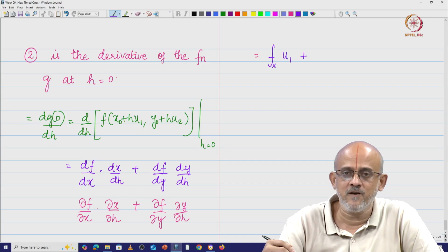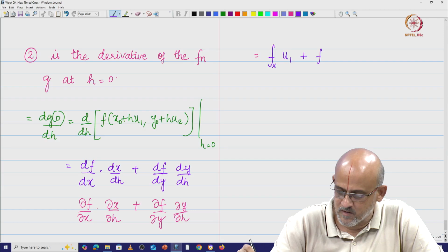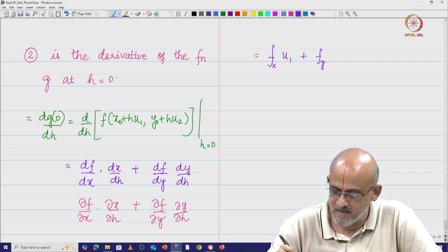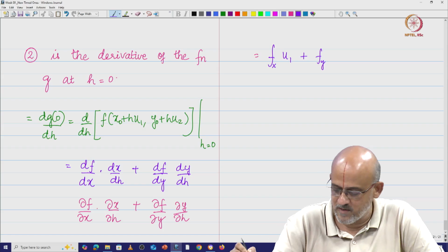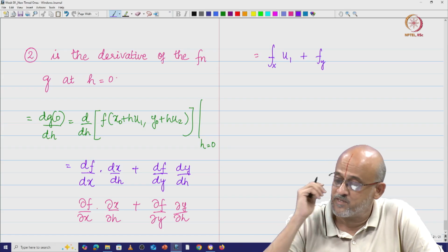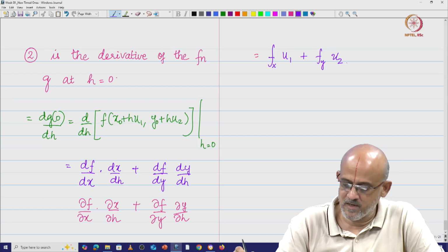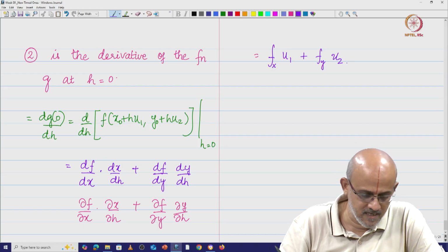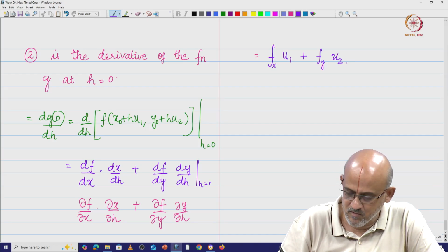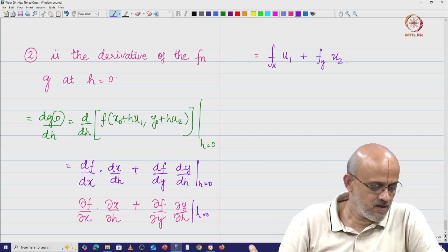plus what is dou f by dou y? I am going to give the same new notation here, which I am going to call fy, into dou y by dou h, which is nothing but the differential of h u2 with respect to h, which is going to be u2, right? This is what we have. All these things are basically evaluated at h is equal to 0. Have that in mind. So what do we get?